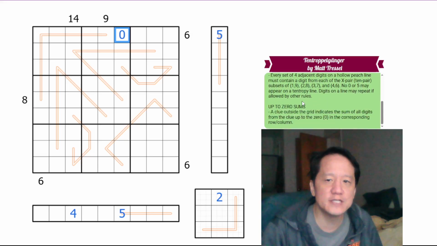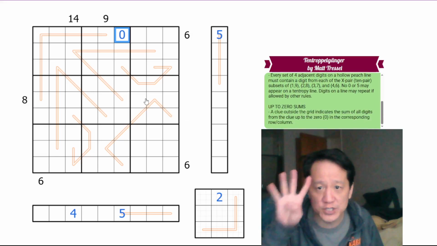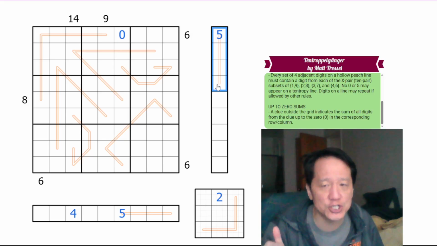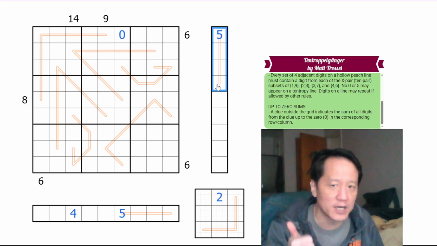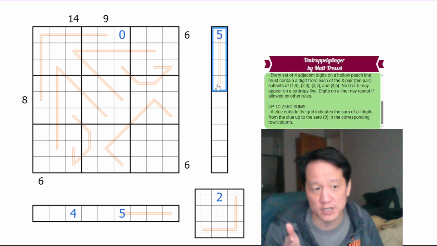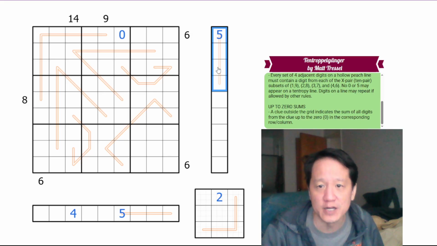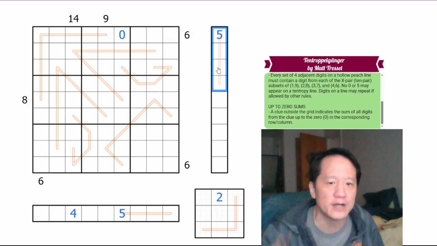We have Tentropy lines, where every set of 4 adjacent digits on a hollow peach line must contain a digit from each of the X pairs, 10 pair subsets of 1, 9, 2, 8, 3, 7, and 4, 6. No 0 or 5 may appear on a Tentropy line, and digits on a line may repeat if allowed by other rules.